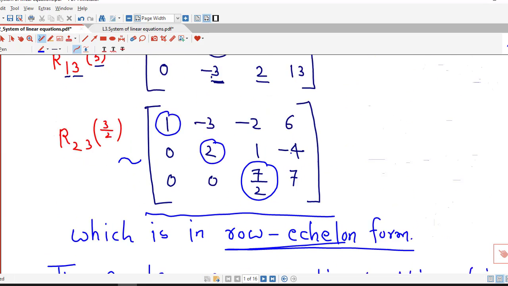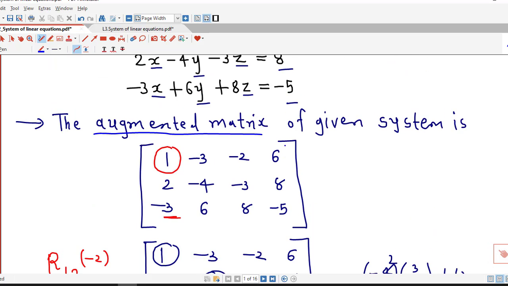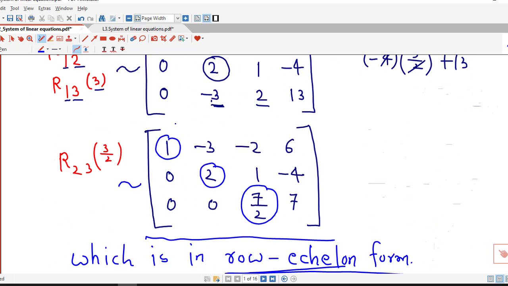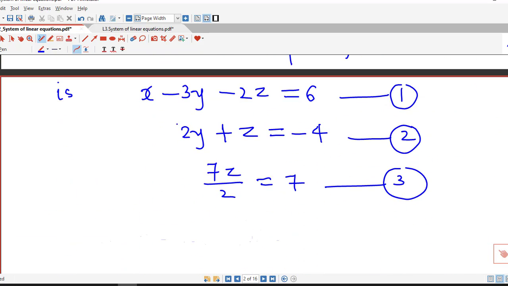And because this row echelon form is equivalent to augmented matrix, both the systems will have same set of solutions. So the idea of Gauss elimination method is to find out the row echelon form of the augmented matrix and to solve the system corresponding to row echelon form. The solution of that system which corresponds to row echelon form will be same as the solution of given system.